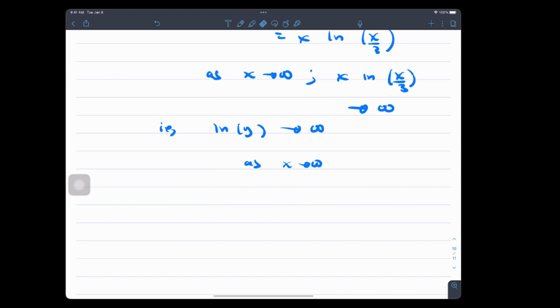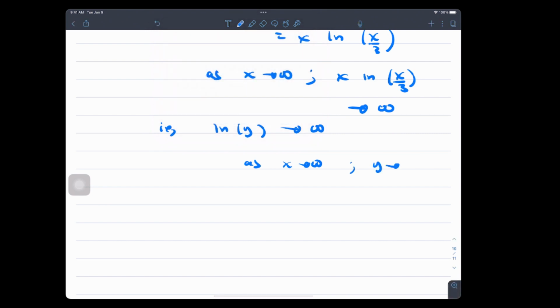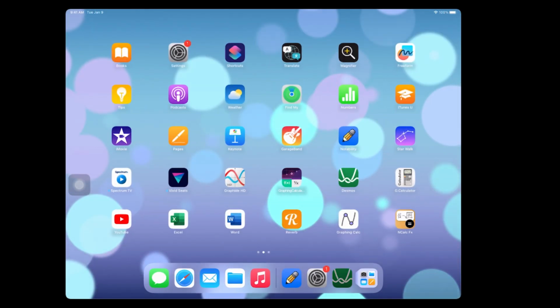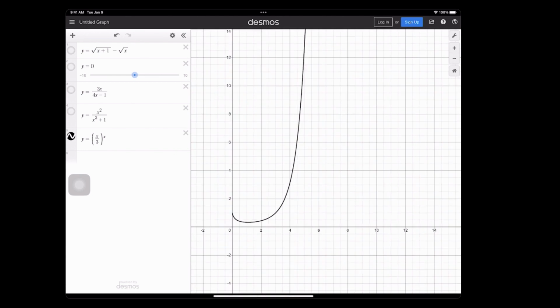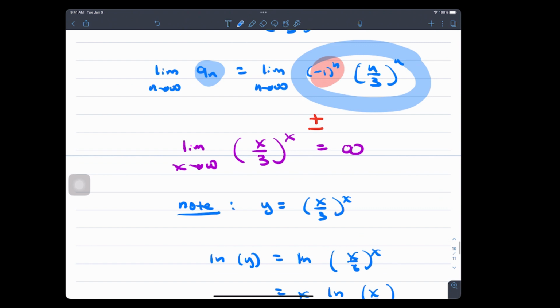Anyway, so I'm going to say this to you guys. Y goes to infinity, and even in Desmos, if you look at that curve, isn't that curve going to infinity? Anyway, so moral of the story is this limit is what?